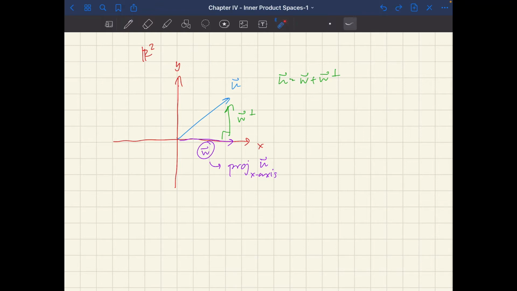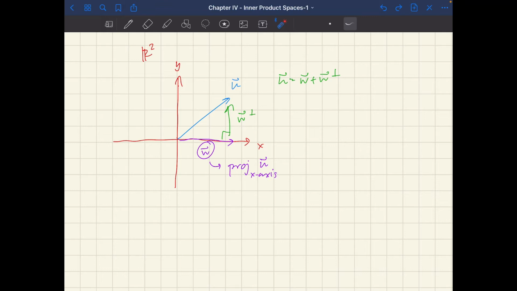So you can see that if we have a vector u, we can write the vector u as the sum of the projection and the orthogonal complement, right? This one is the example in R2.